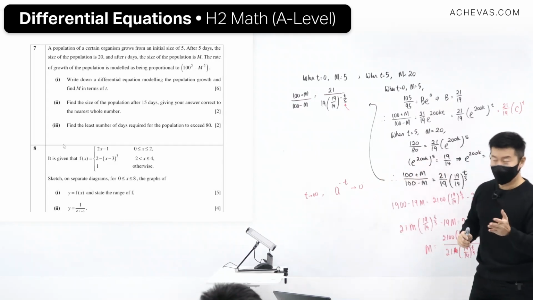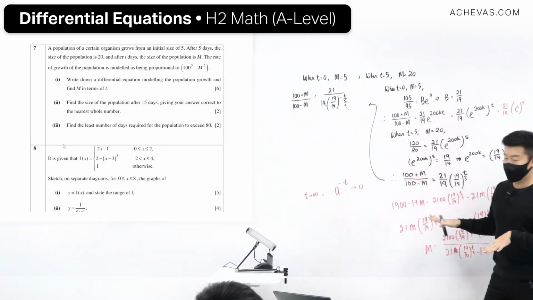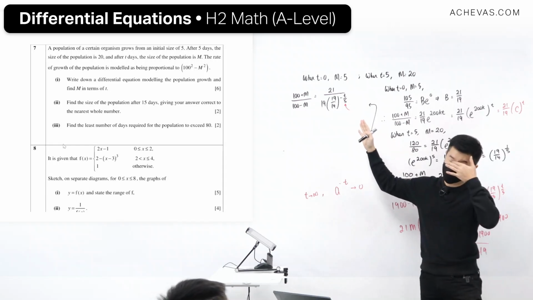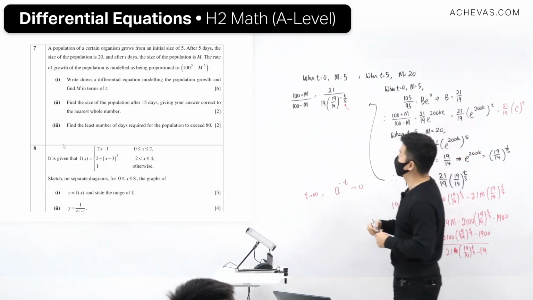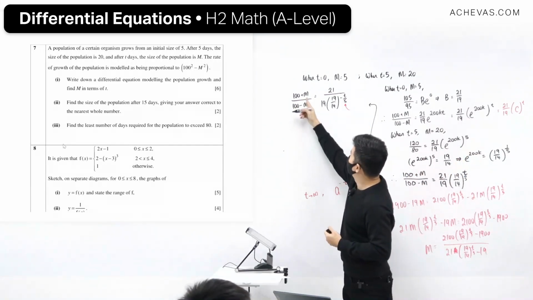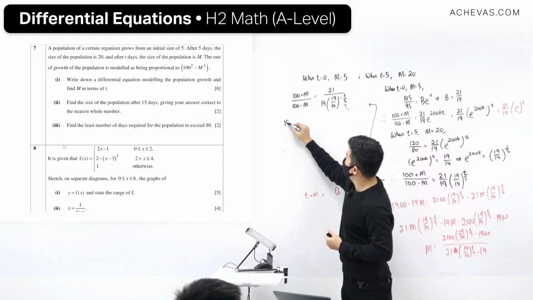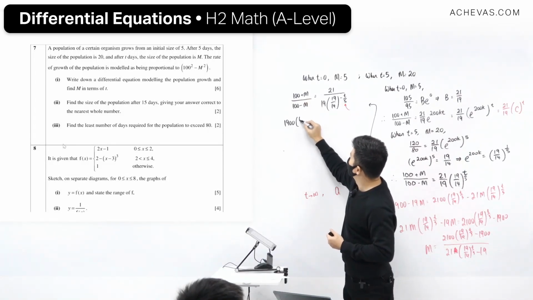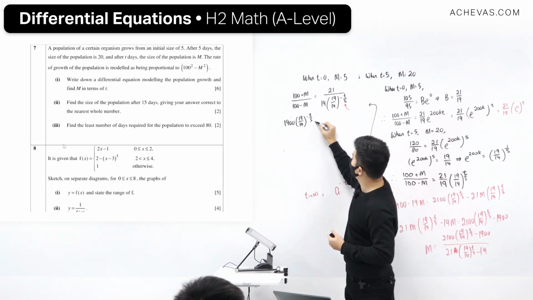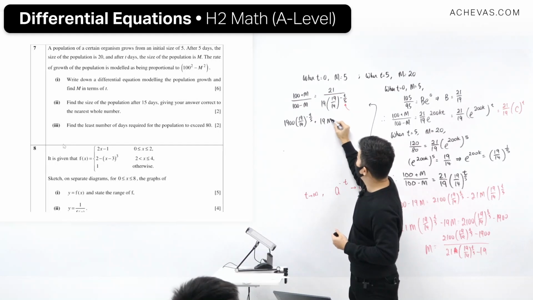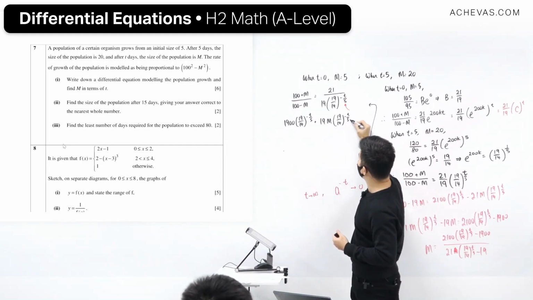Let's see what is the difference it's going to make. Algebraically, it's going to be the same. Okay, I feel like algebraically it's not going to be simpler. It's just a preparation that I'm making. So we will have, cross multiplying, 1900, 19 over 14 to the power of minus t over 5 plus 19m, 19 over 14 to the power of minus t over 5.